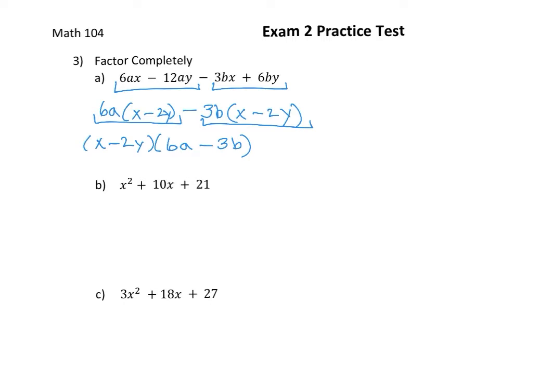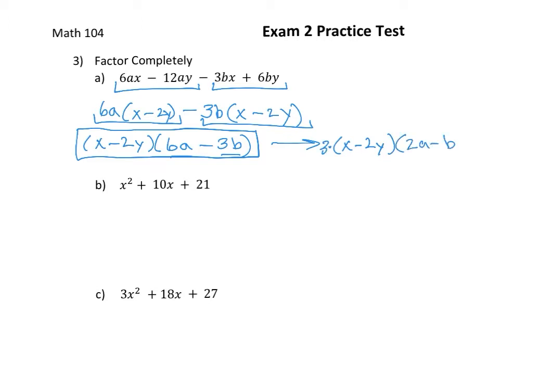Now, technically we're good. There is a common factor in this factor that can be pulled out. So if you do pull that out, you're great. Going way above and beyond. So what that would end up looking like is x minus 2y. Then I'm going to pull a common factor of 3 out, and that gives me 2a minus b. So either one of those answers is great.